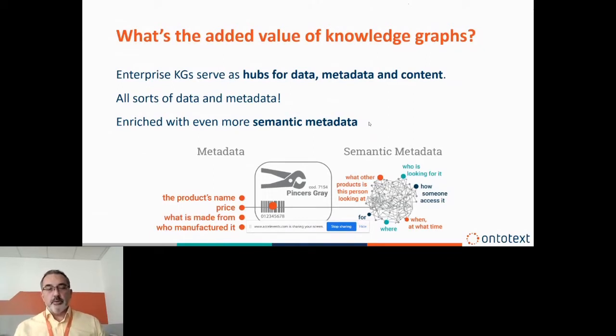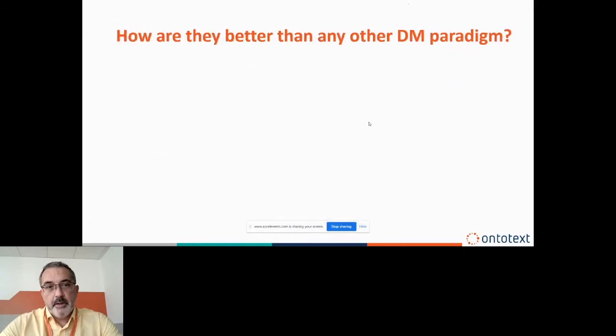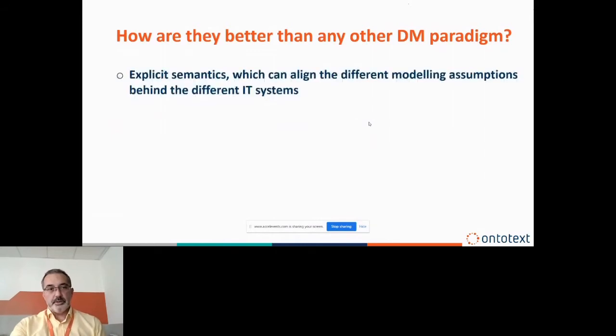Because metadata could be everything, and there are tens of different types of metadata that could be useful, all the way from descriptive metadata to operational metadata to provenance and other things. So what is it that makes knowledge graphs so different and so much better than any other data management paradigm that you can choose for this task?